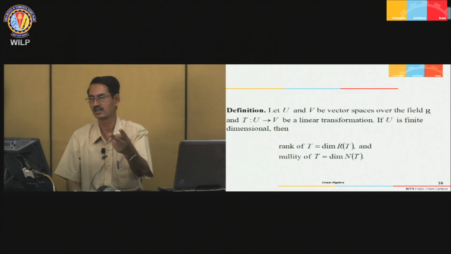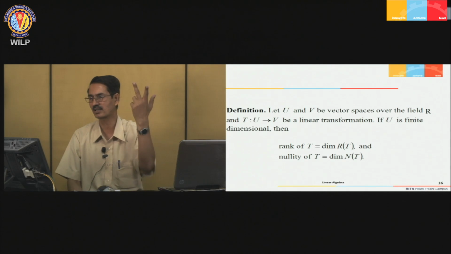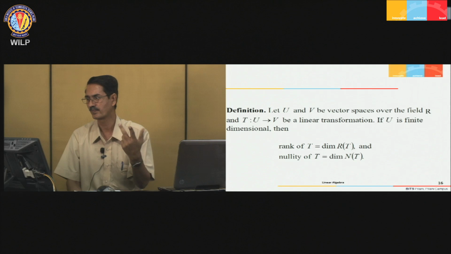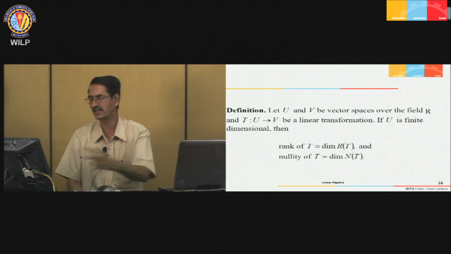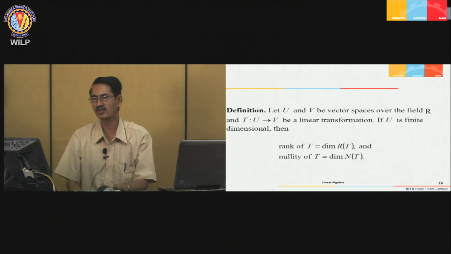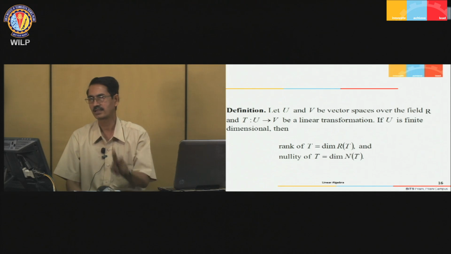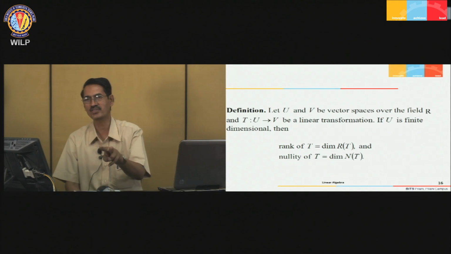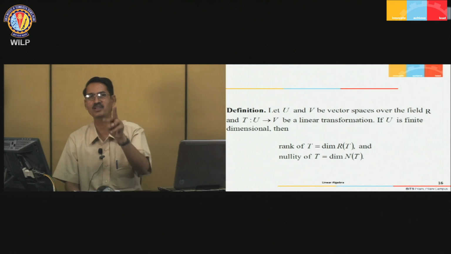The range space of T. So, the dimension of the range space of T is called the rank of the linear transformation, and the dimension of the null space of T is called the nullity of the linear transformation. So, the rank of T is the dimension of the range space of T, and the nullity of T is the dimension of the null space of T or the dimension of the kernel of T.